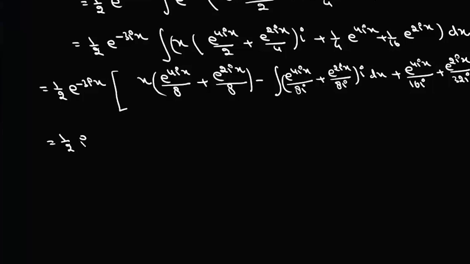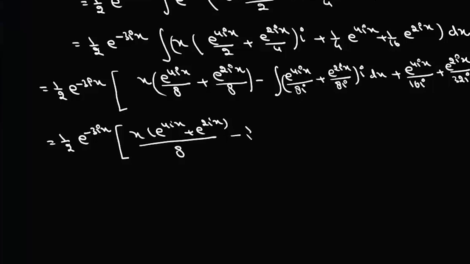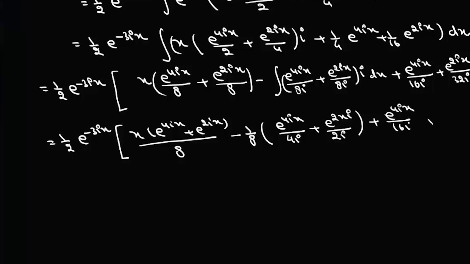Now this is 1 by 2 e to the power minus 3ix, and it will be this x into e to the power 4ix plus e to the power 2ix whole divided by 8 minus, now here i and i will cancel, so we will get 1 by 8, and here will be e to the power 4ix upon 4i plus e to the power 2ix upon 2i, and plus e to the power 4ix upon 16i plus e to the power 2ix upon 32i.